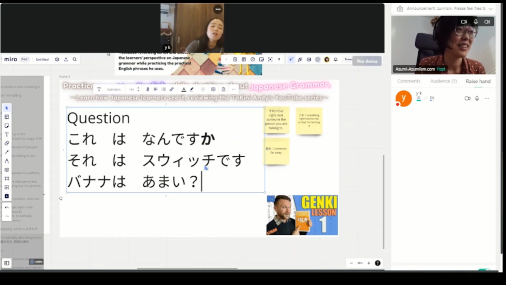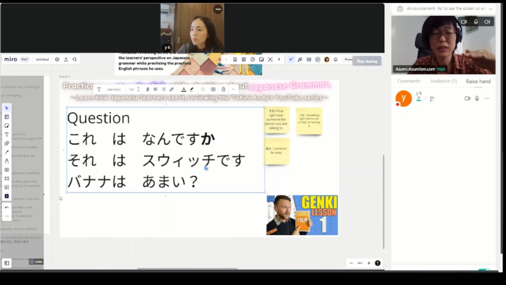But why don't we feel like the question mark is formal? Because the question mark is really unnecessary. On the formal level of speech, you always use masu or desu. That's why desu or masu can be followed by the ka question marker. And as long as we have the ka question marker option, we don't have to use a question mark.